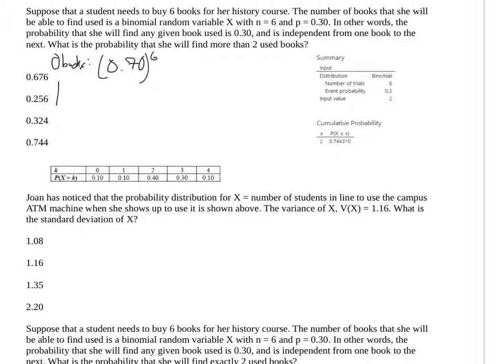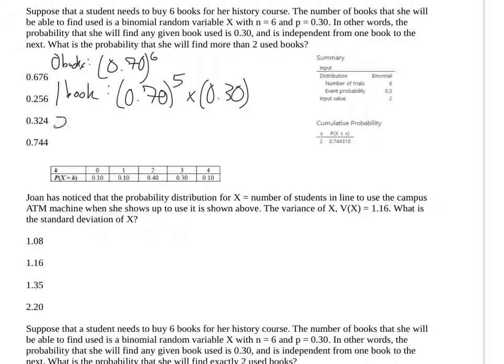What's the probability that she gets 1 book that's used? Well, that's going to be 0.70 to the 5th, since we have 5 new books that she has to buy, times 0.30. That means she gets 1 used book and 5 new books.